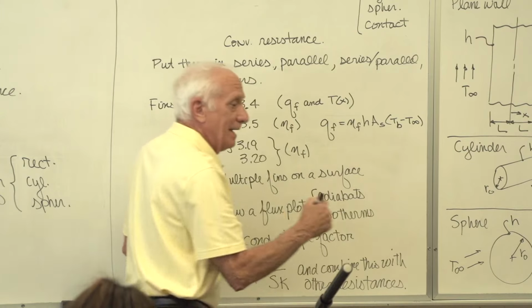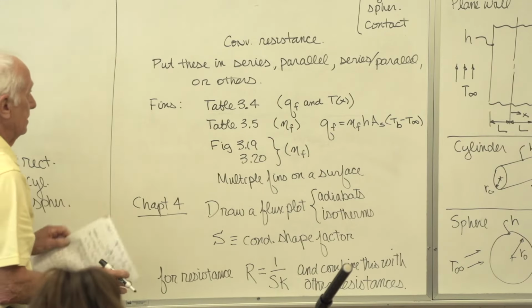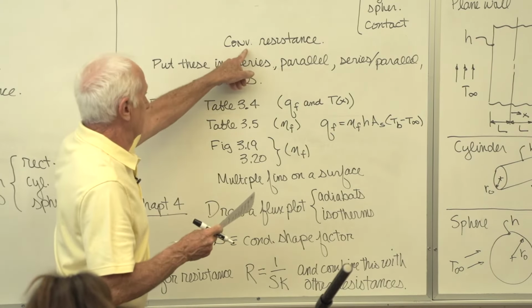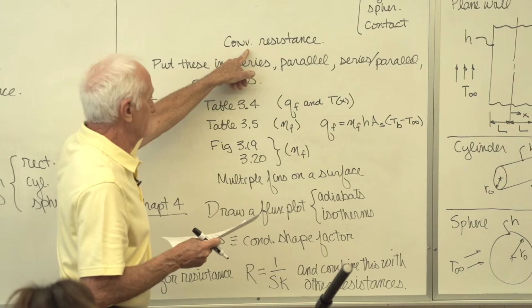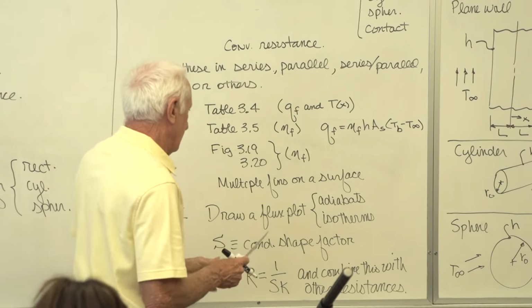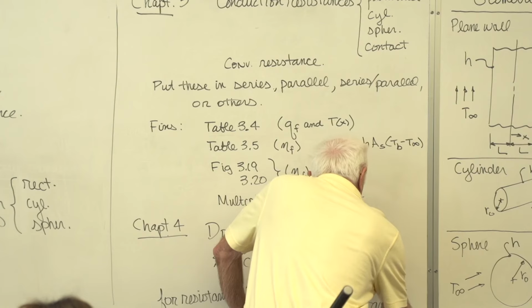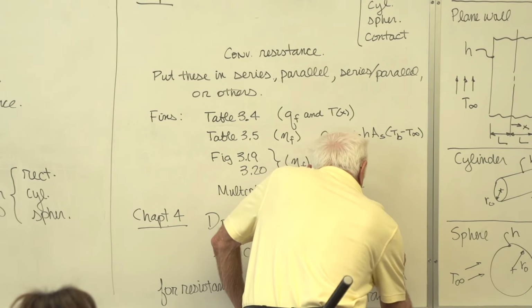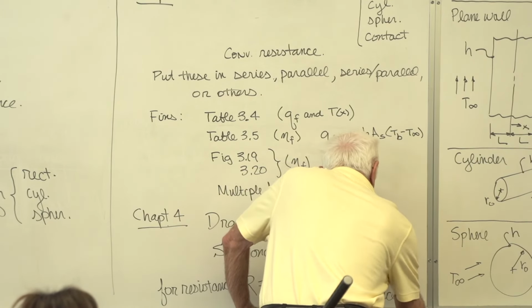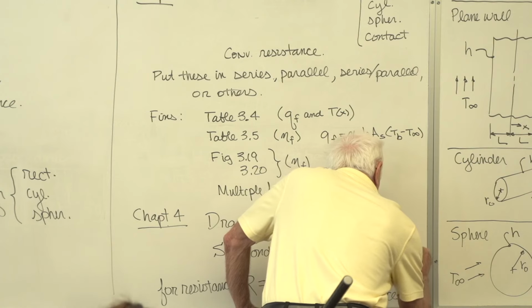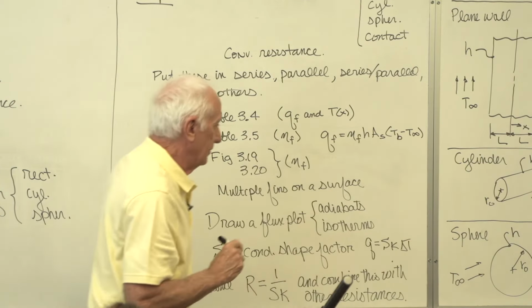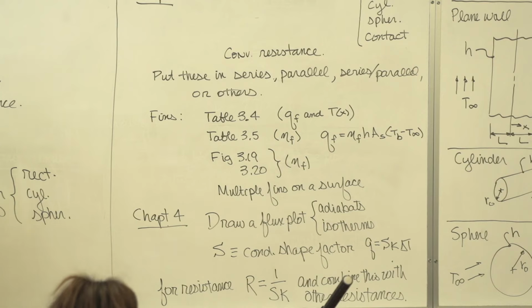And you can combine that resistance with other resistances, like the convection resistance, 1 over HAS. By the way, with this conduction shape factor, you use Q equal SK delta T. That's how you put S in there to get Q.